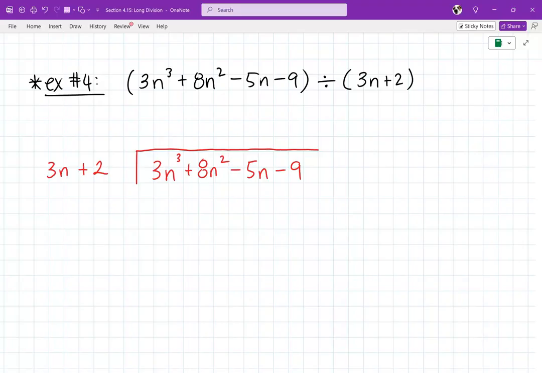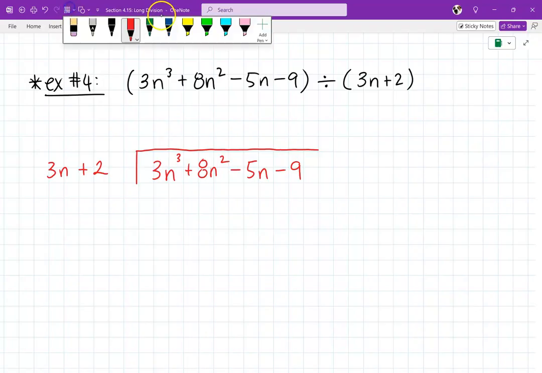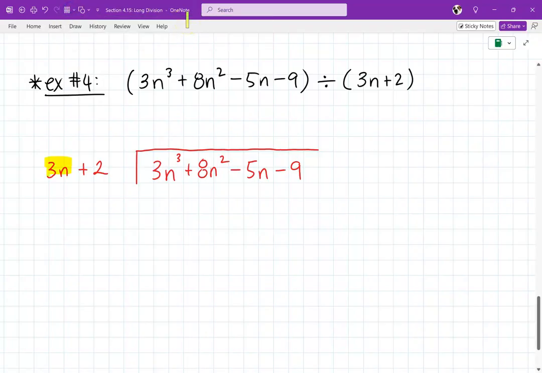So the main question I want to ask myself when I do this is, how many times does 3n fit into 3n cubed? So 3n times what is 3n cubed? N squared. Because 3n times n squared will give me 3n cubed.